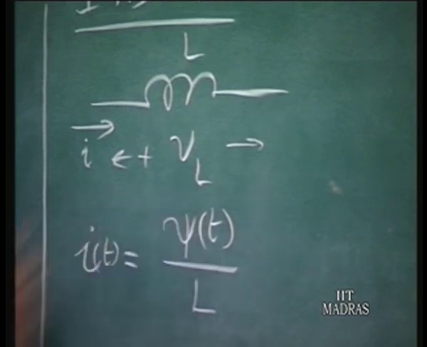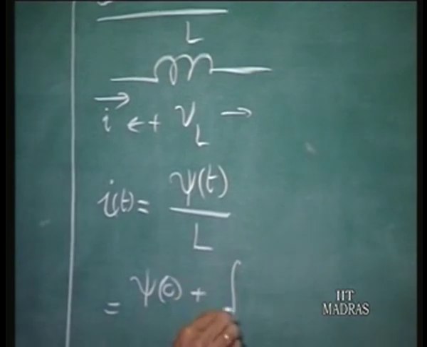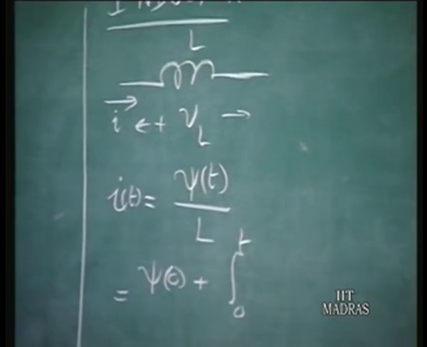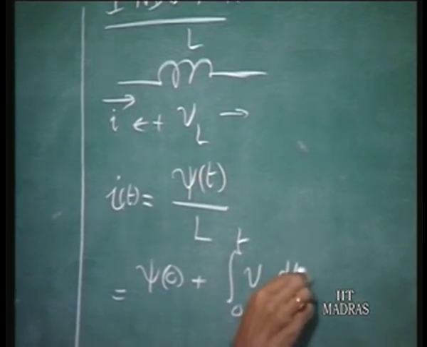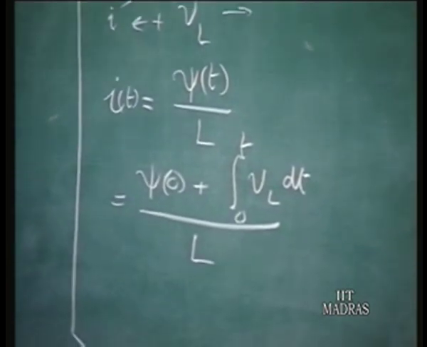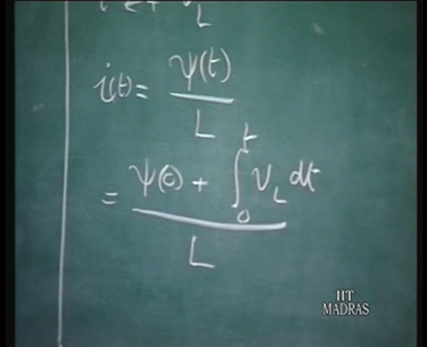This psi of t, the flux linkages, can be written as the initial flux linkages plus the additional flux linkages that come up in the inductor as a result of an applied voltage, which is the integral of vL dt, divided by L. After all, voltage is the rate of change of flux linkages, therefore flux linkages is related to voltage by an integral relation like this.